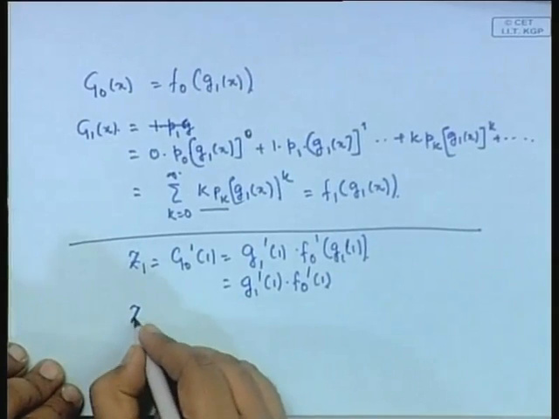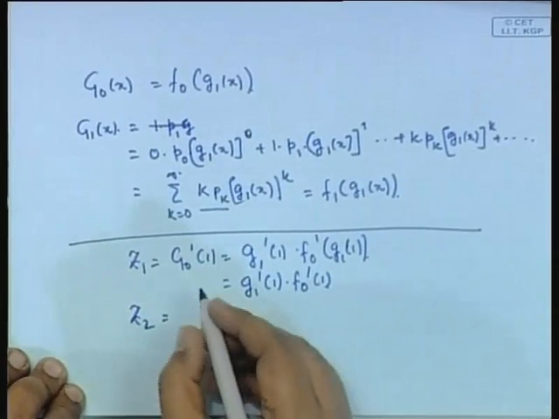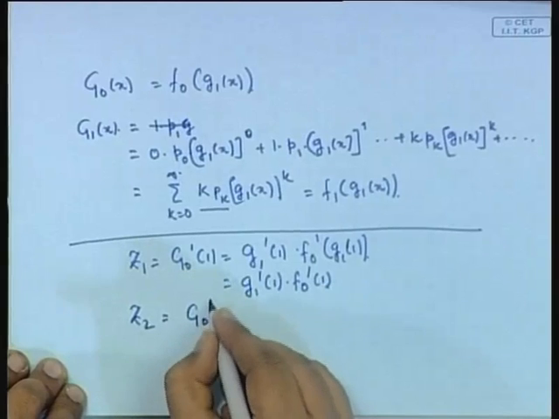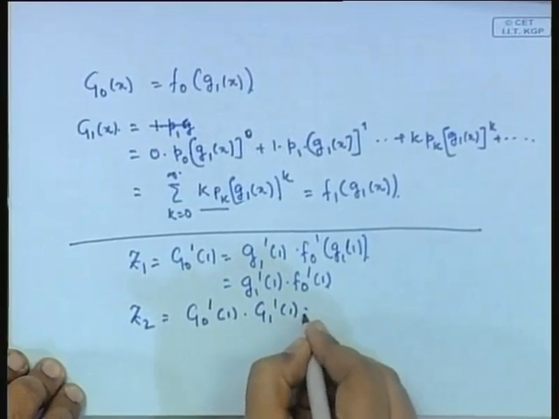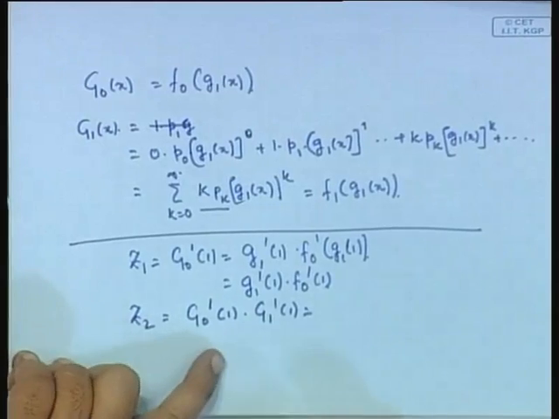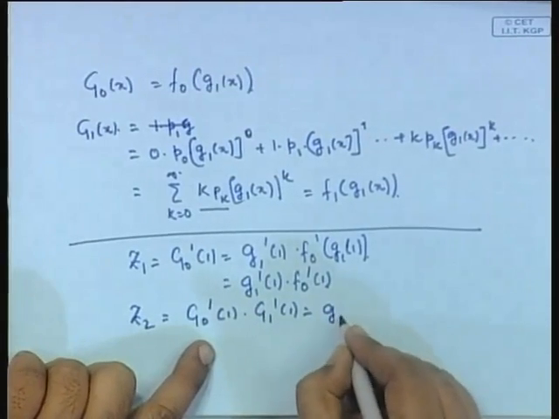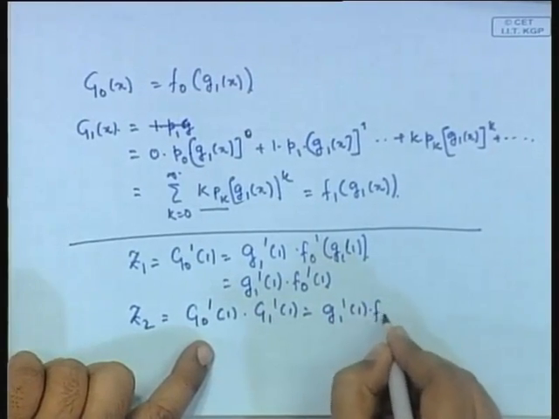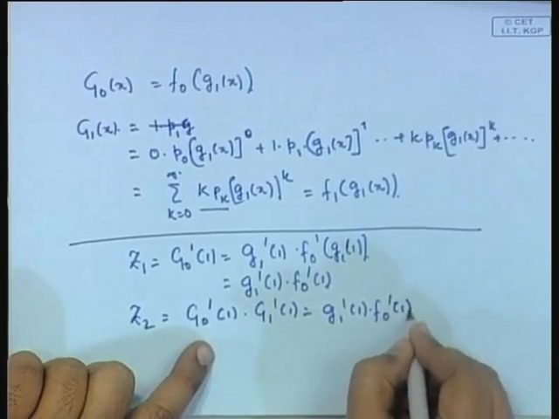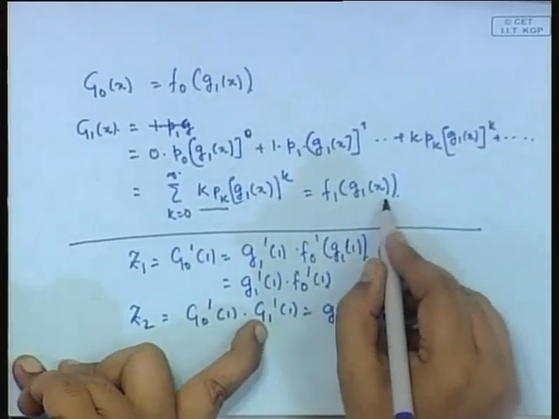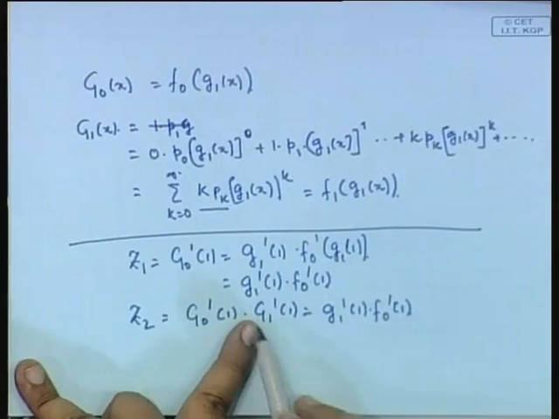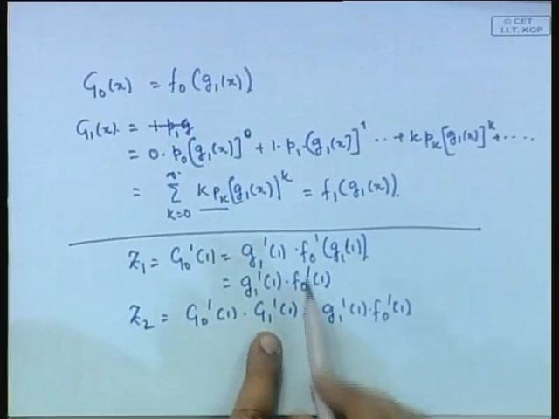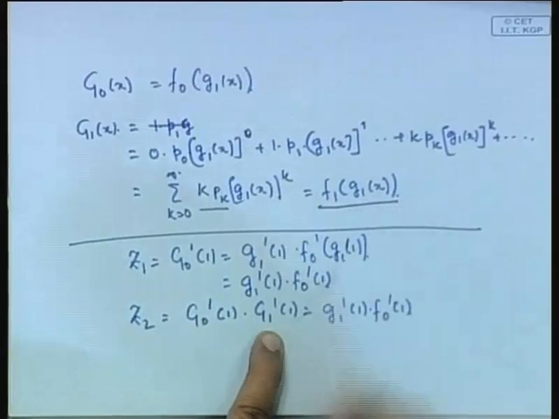And what will become Z2? Again we know Z2 is Z0 dash 1 into G1 dash 1. So, Z0 dash 1 is already written there, G1 dash 1 into F0 dash 1, and what will be G1 dash 1? Varun, tell me what will be G1 dash 1, see this and tell me.